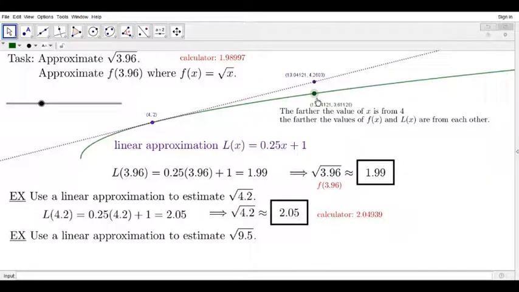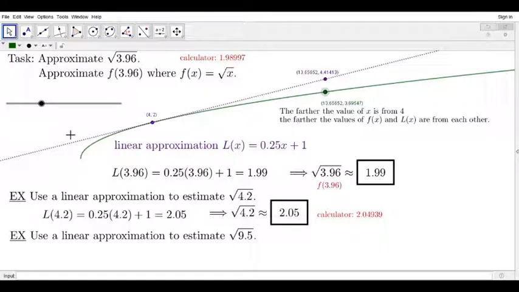There's a widening gap between their y-coordinates, which means that using the y-coordinate of the corresponding point on the tangent line would not produce a robust estimate to the y-coordinate that we're actually interested in, which is on the original function's graph.